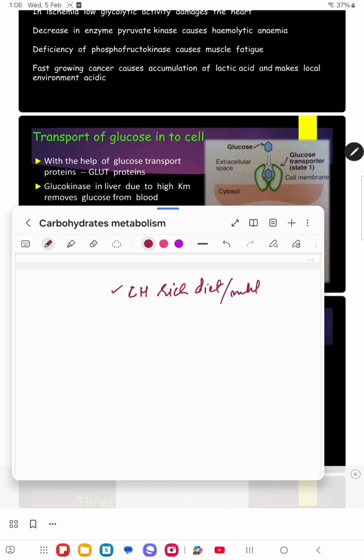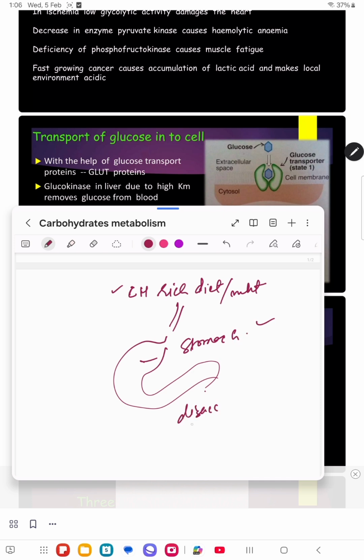When you take it inside your body, it goes into your stomach, which is here. In the stomach, disaccharides will be converted into monosaccharides with the help of enzymes like sucrase, lactase and maltase.